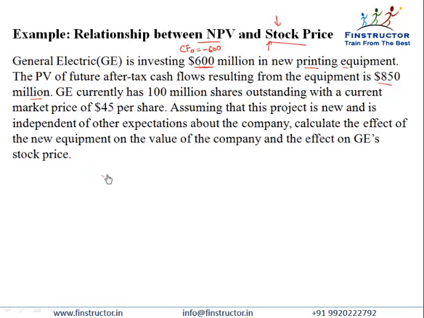So what is the NPV of the project? The present value of cash inflows minus the present value of the cash outflows would be 850 minus 600, that is $250 million is the NPV of the new printing equipment.